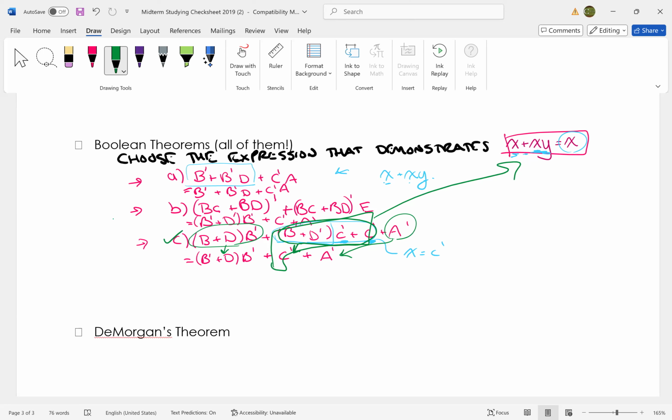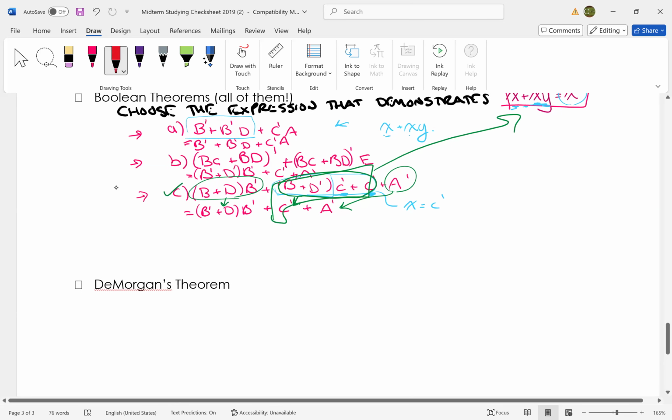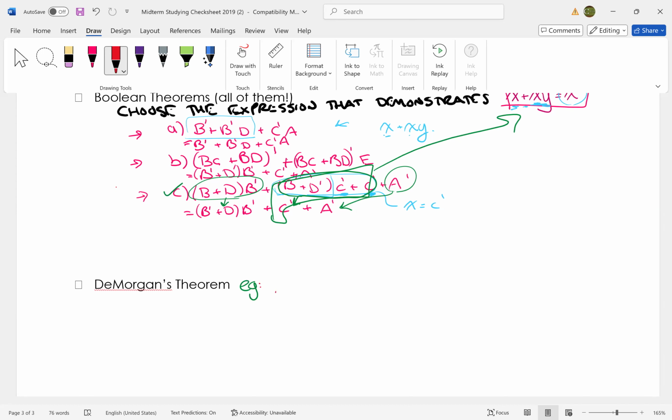Now let's do a De Morgan's theorem question. Here's a De Morgan's theorem example. I would have A, B plus C prime, D. And what I would have to do here is apply De Morgan's to this, and I would have A, and I would change the sign, B plus C bar, because De Morgan says that I can break up that bar if I change the sign.